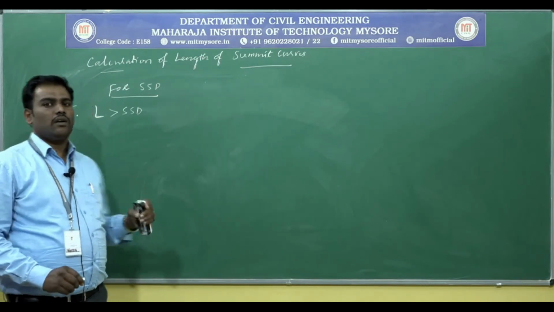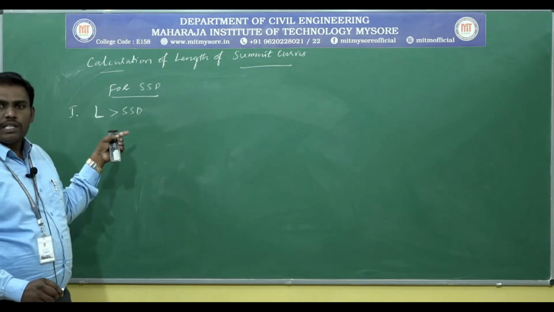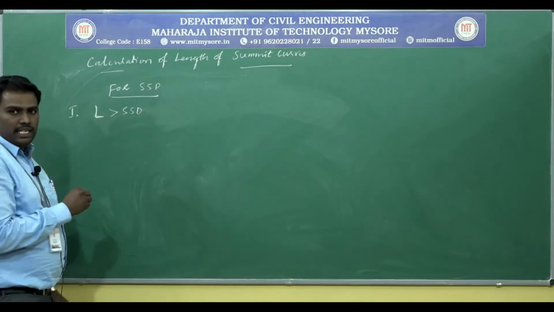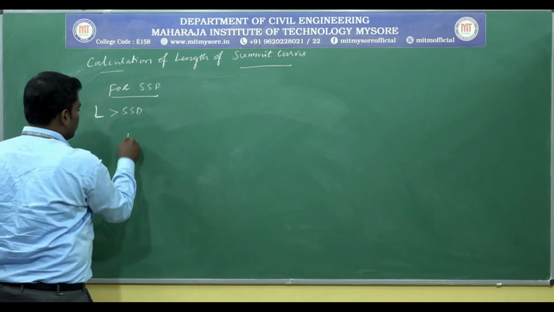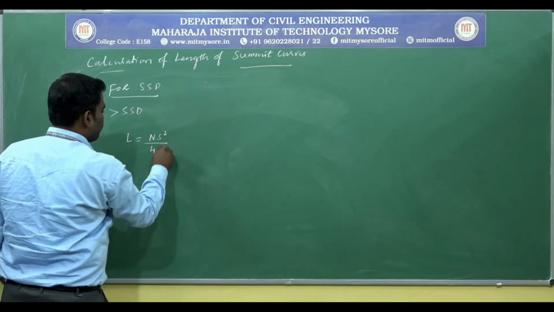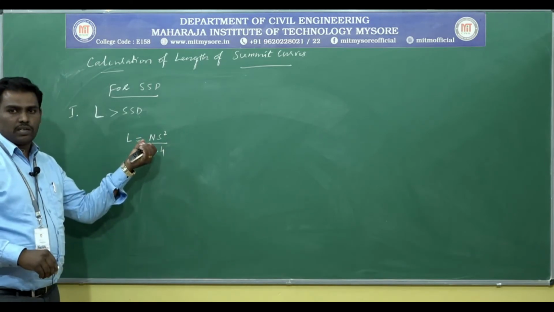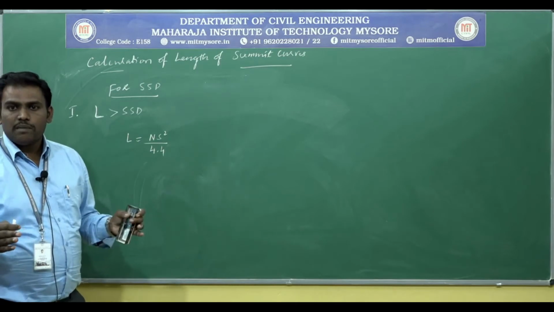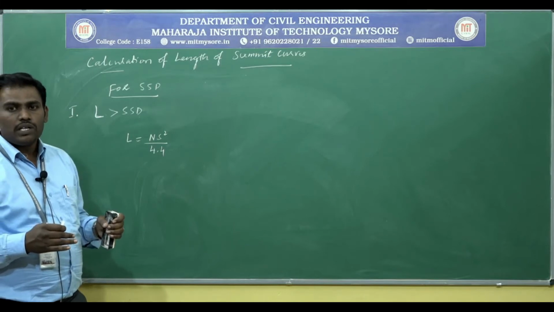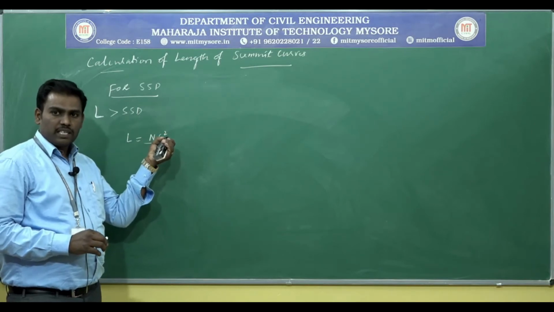Firstly, always use the assumption L greater than S. For L greater than S, your length of summit curve is equal to N S square divided by 4.4, where N is the deviation angle, the algebraic difference between the two intersecting gradients, and S is the stopping sight distance.